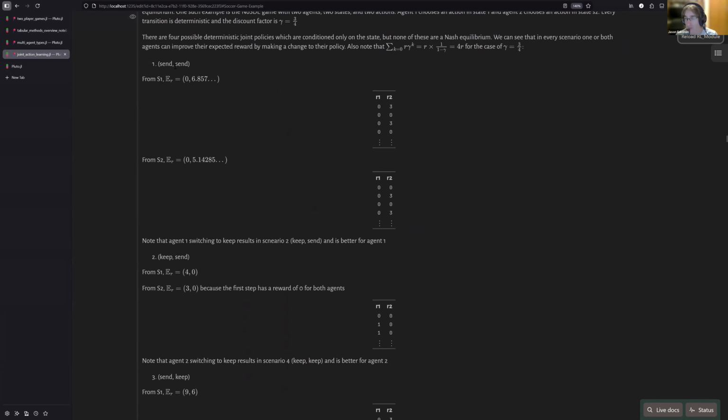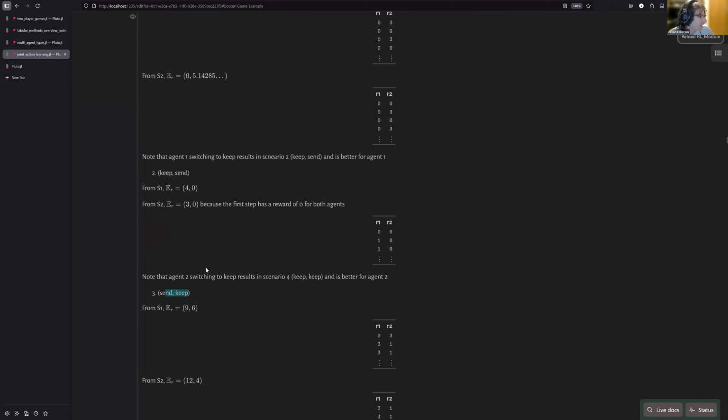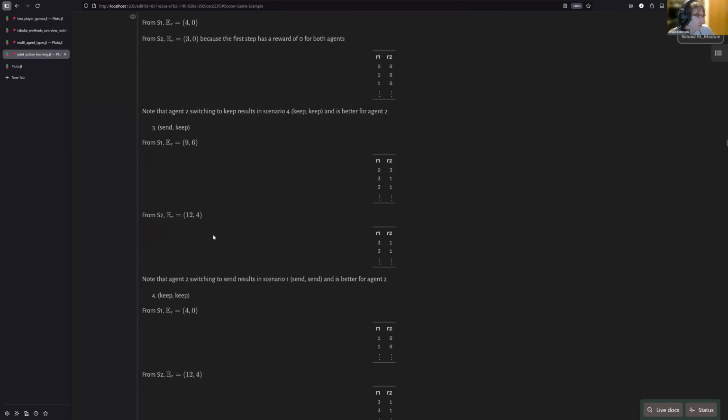Deterministic means the policy can only depend on the state, right? And the agent can only make an action selection in one state. And there's only 2 actions available. So the 4 possible deterministic policies are send-send, send-keep, keep-send, and keep-keep.